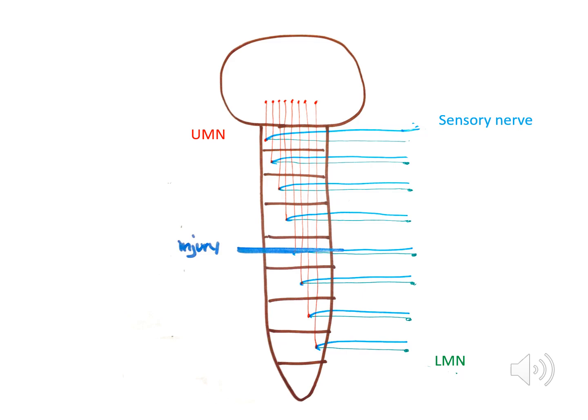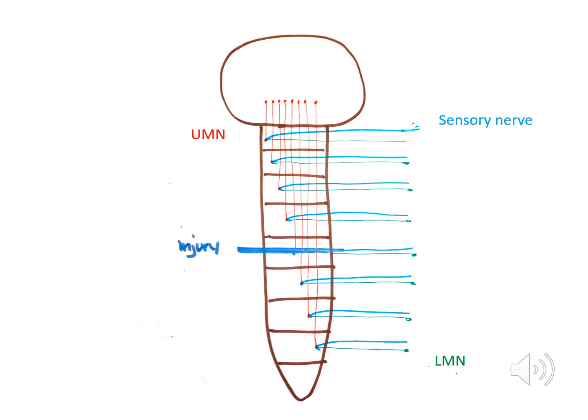So the first thing that I want you to notice in this picture is that at every level of the spinal cord, in other words, in each spinal cord segment, there is an upper motor neuron that starts in the brain and ends in that spinal cord segment, where it synapses with a lower motor neuron that's going to travel to the muscles and carry out whatever command the brain sent through those motor neurons.